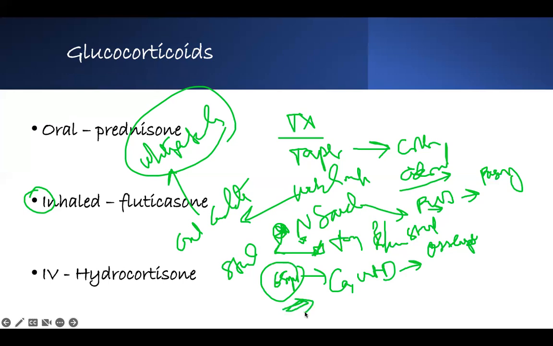Steroid causes osteoporosis. Therefore, if you're older, you need calcium and vitamin D to help prevent osteoporosis. You're just preventing it. And so that's some of the things you need to tell them to prevent that problem.